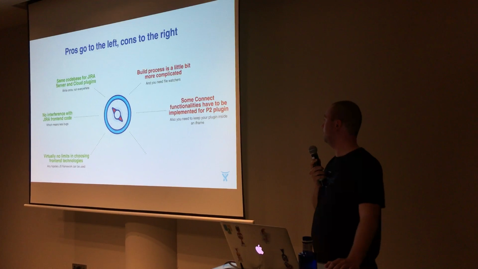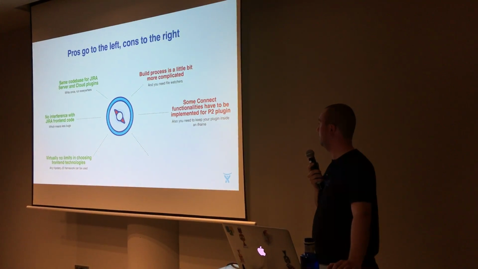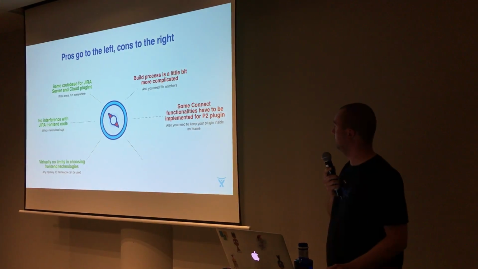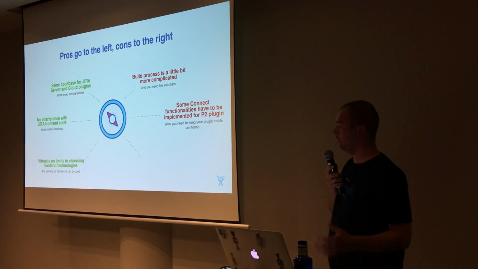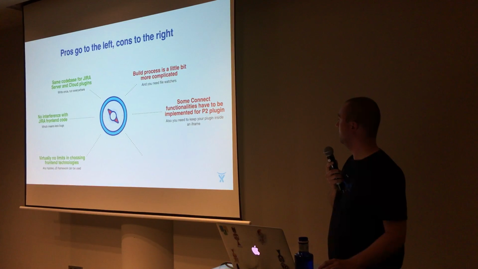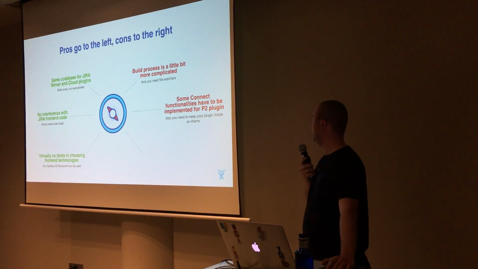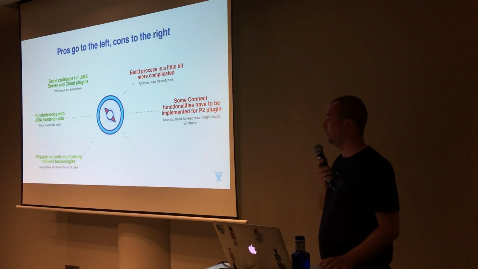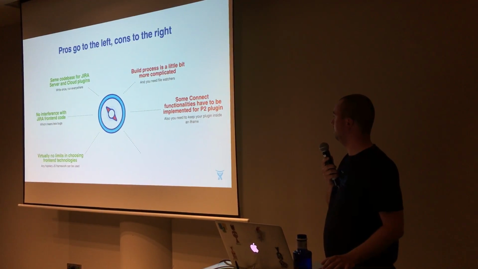It's also a one-time problem, but still it has to be implemented. At the beginning of a project it's a problem, because you have to write some additional code. And also your plugin needs to live inside an iframe, and this can cause some additional problems.